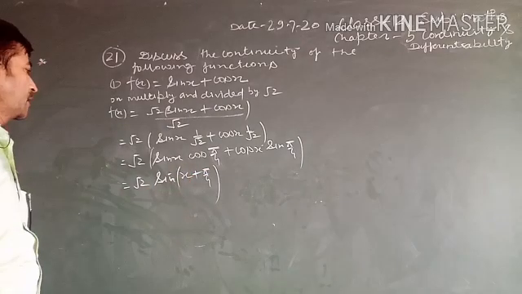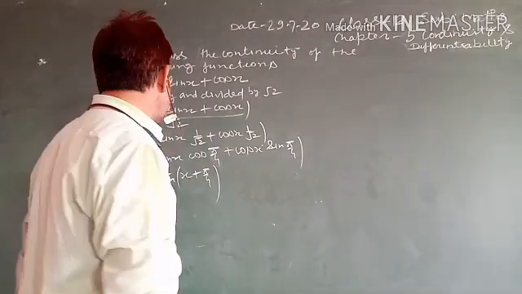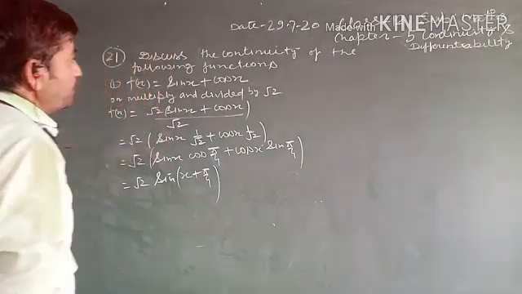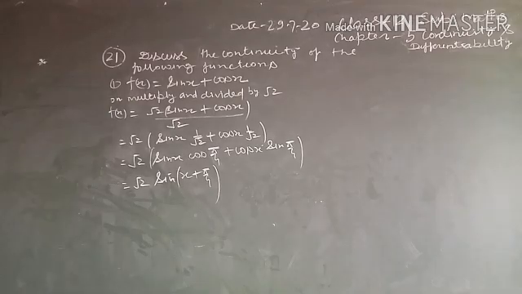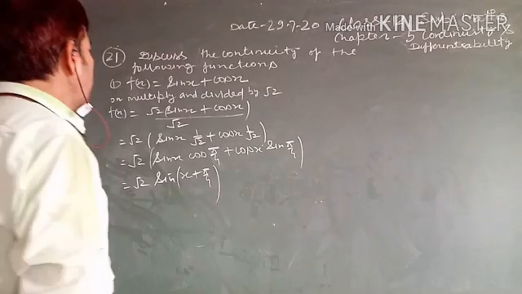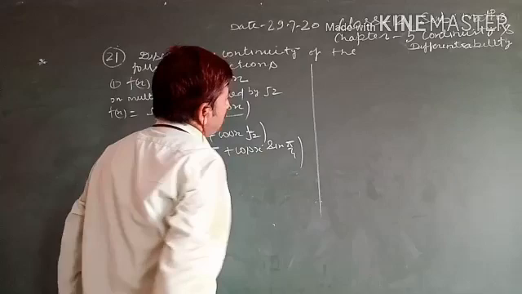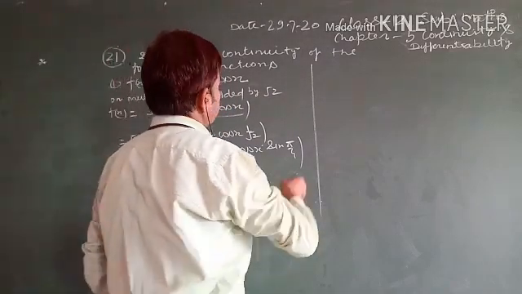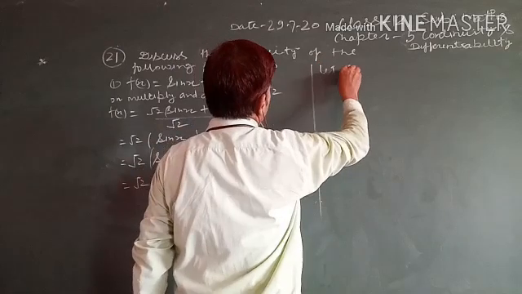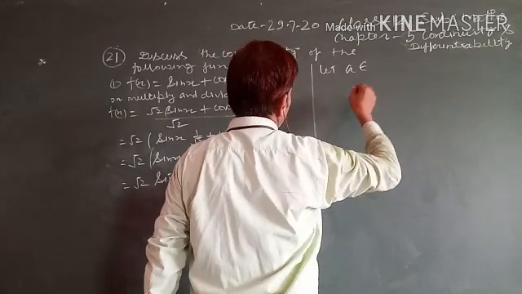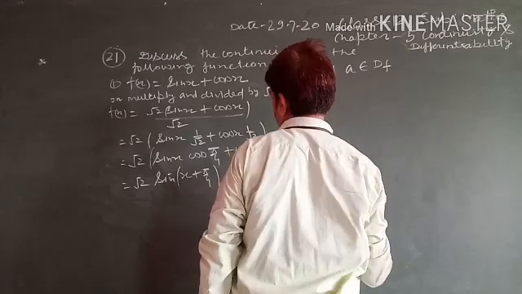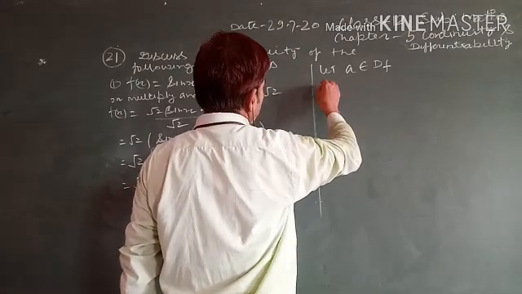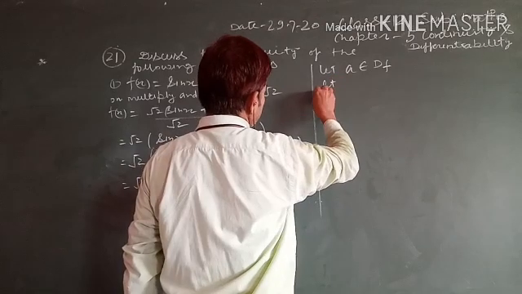Now we have function f(x) equal to root 2 sin of x plus pi by 4. We have to discuss the continuity of this function. Now we take a value in the domain of sin x. Let a belong to the domain of function, and now I am going to find limit value of this function.